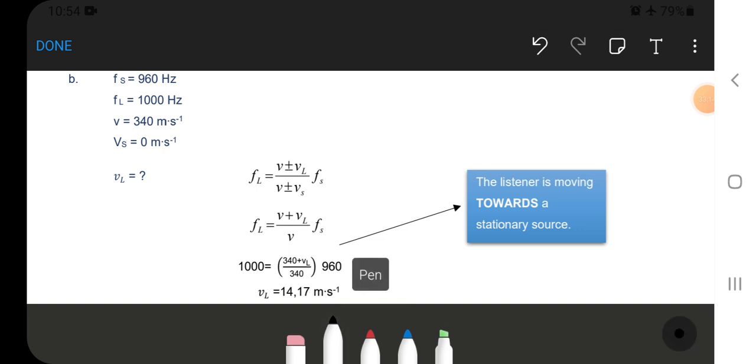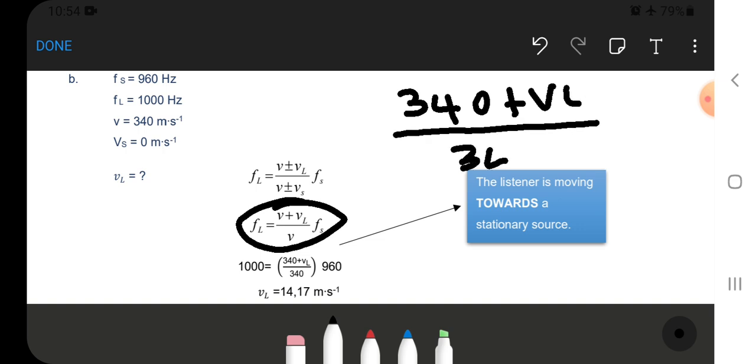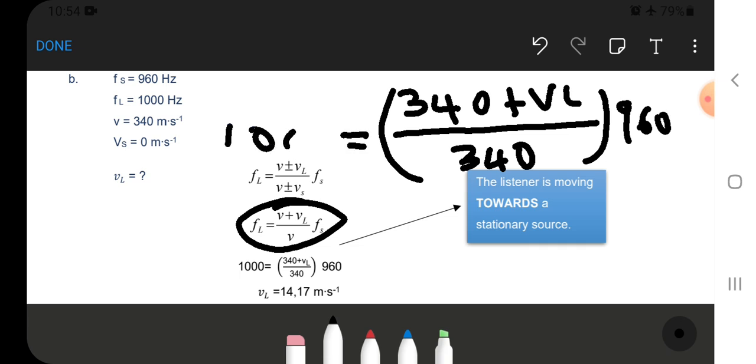With this formula, we have 340 as the V, so we have 340 plus VL, all over 340, and then multiplied by 960. And then here we have 1000.